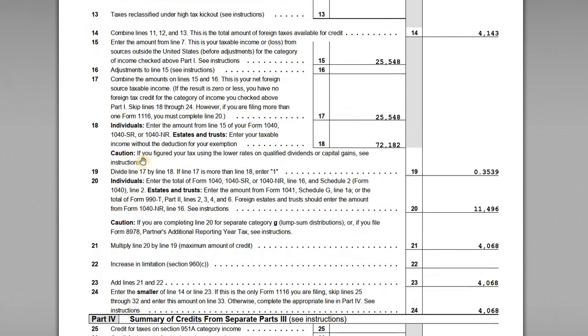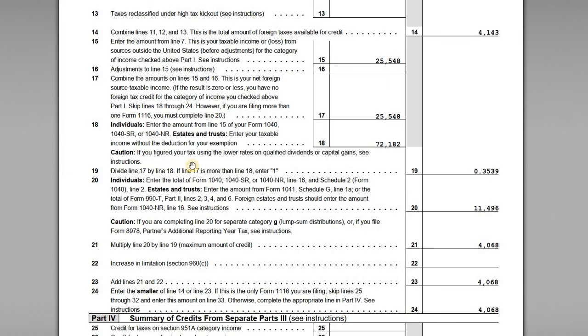Now this is really important to highlight here, the caution. If you figured your tax using lower rates because you had qualified dividend income or long-term capital gain distributions, you don't just put the amount from line 15. In our case, we don't have any qualified dividend income. We don't have any capital gains, no investment income at all. So we can just use that line 15 number.